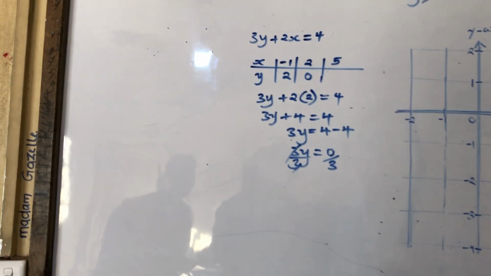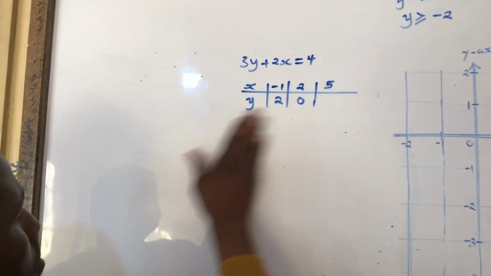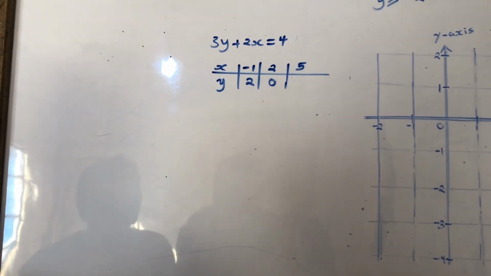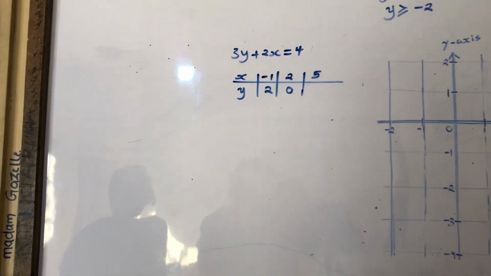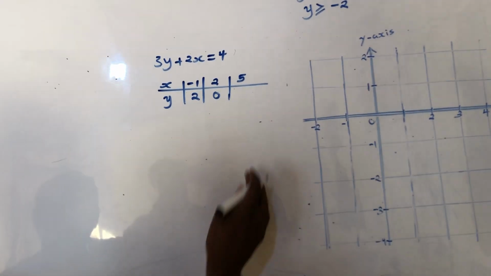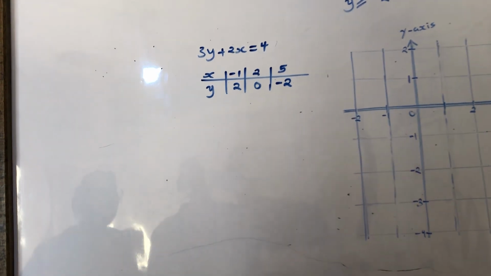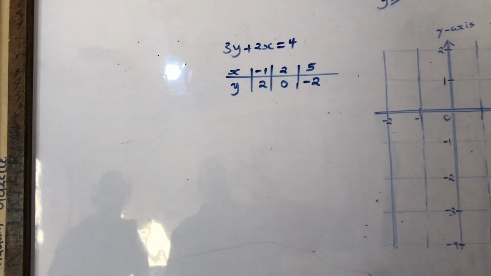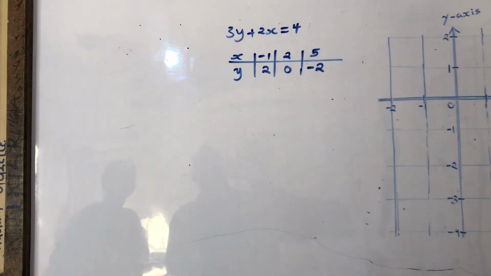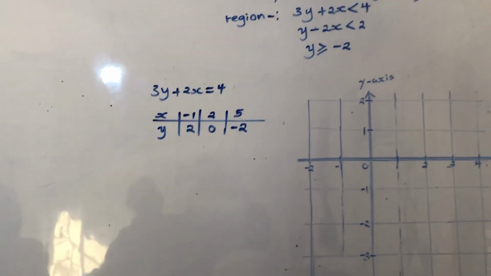Taking us to the number 5. Though we don't have it in our graph, I will still go for it. As for the number 5, you'll go through the same procedure. I suppose that your calculation should give you negative 2 as the answer.